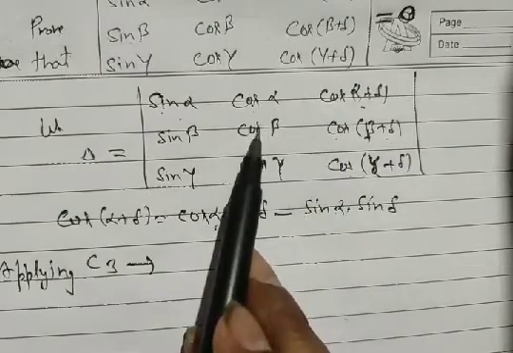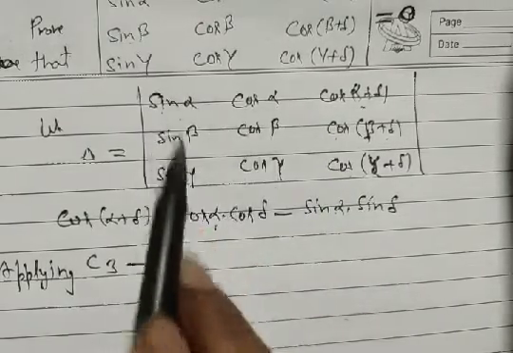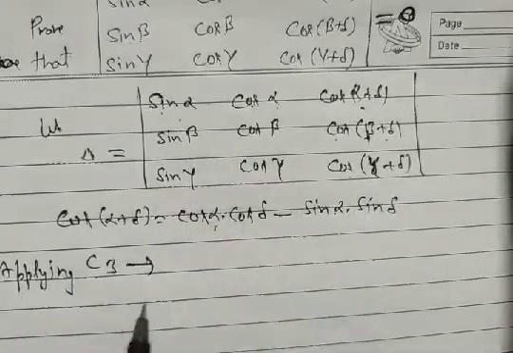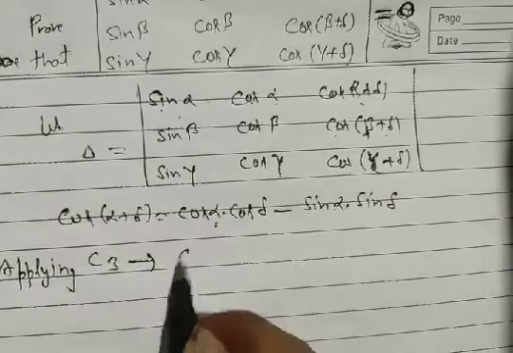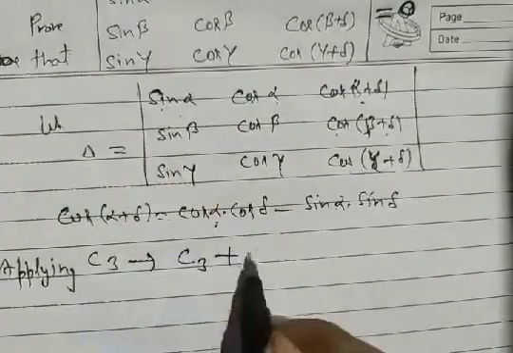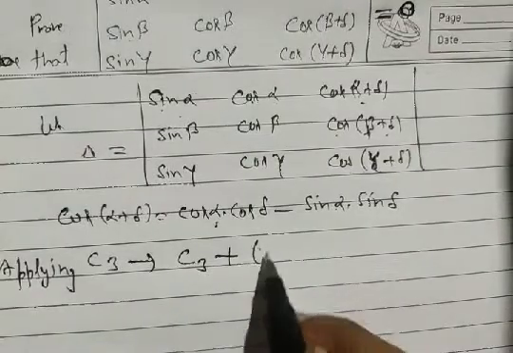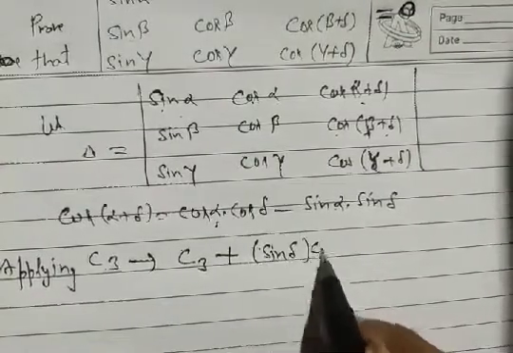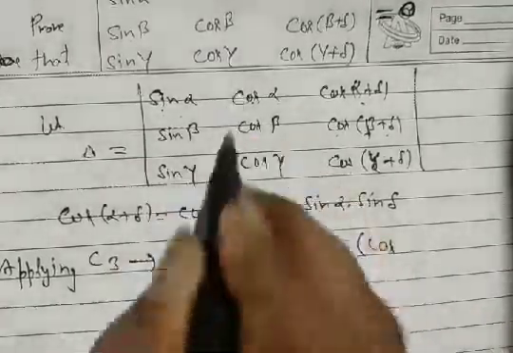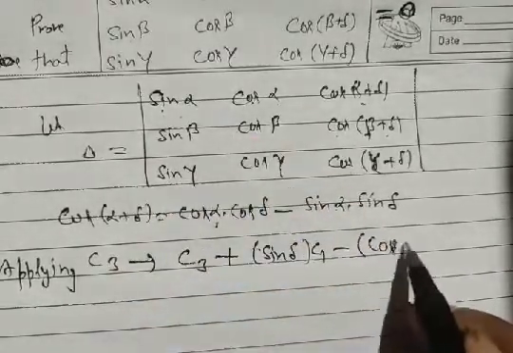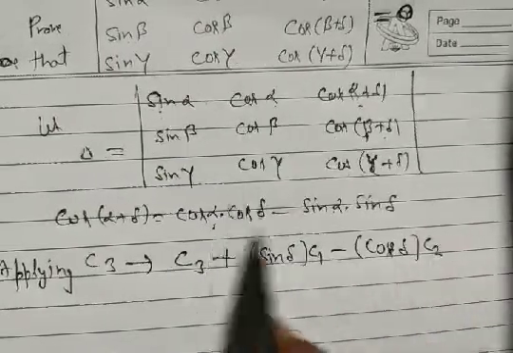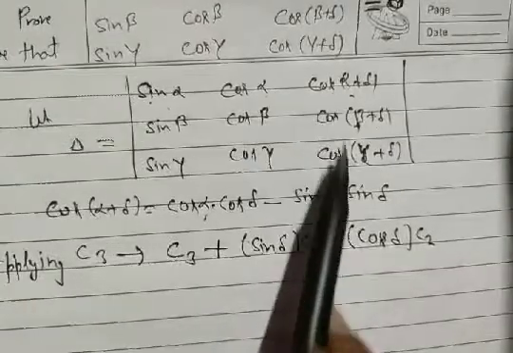We have to subtract it, and we multiply C1 by sine delta and add to C3. So C3 changes to C3 plus sine delta into C1 minus cos delta into C2. When we apply that, these terms vanish.